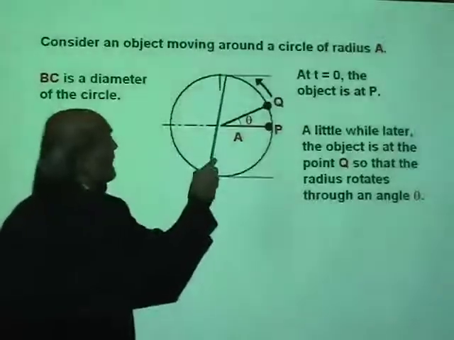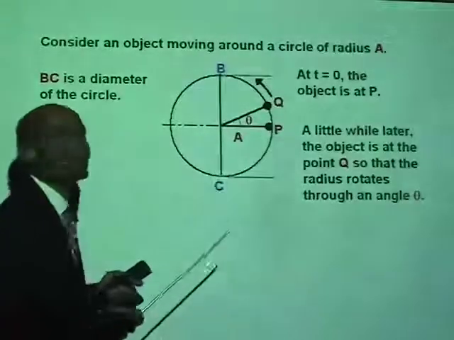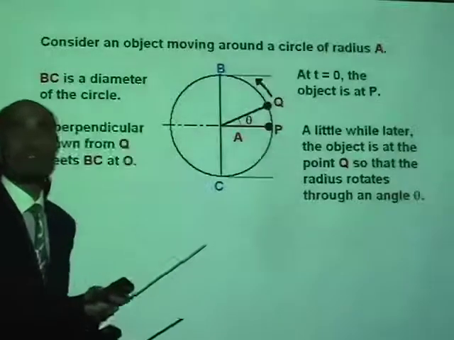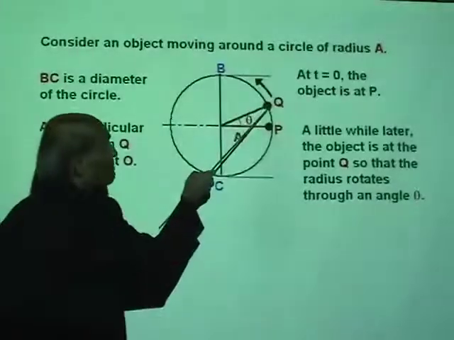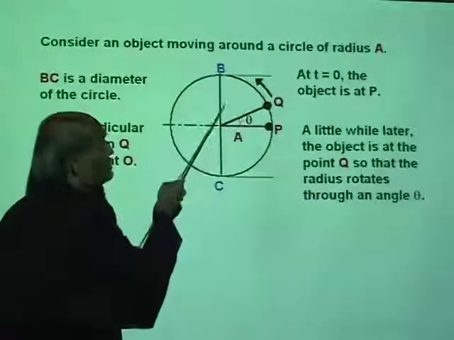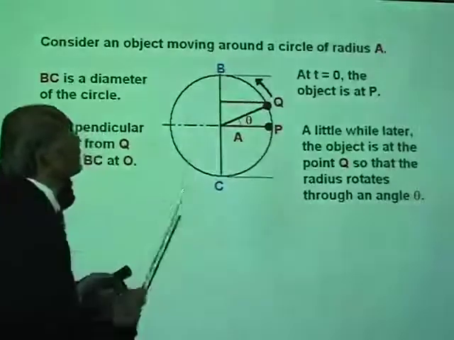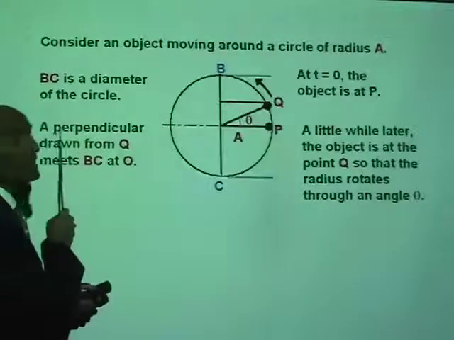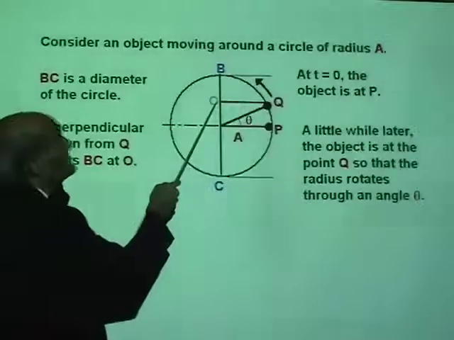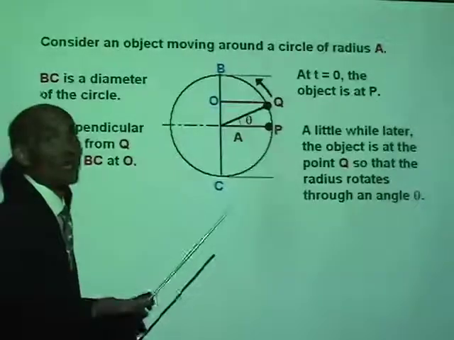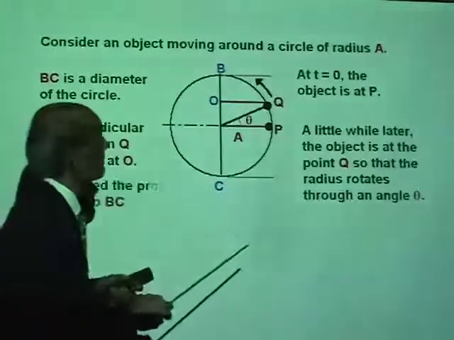Alright, let's draw a diameter. This diameter is BC, the diameter of the circle. Now I'm going to draw a perpendicular from Q so that it touches BC. A perpendicular drawn from Q meets BC at O. Take note of all these small developments.